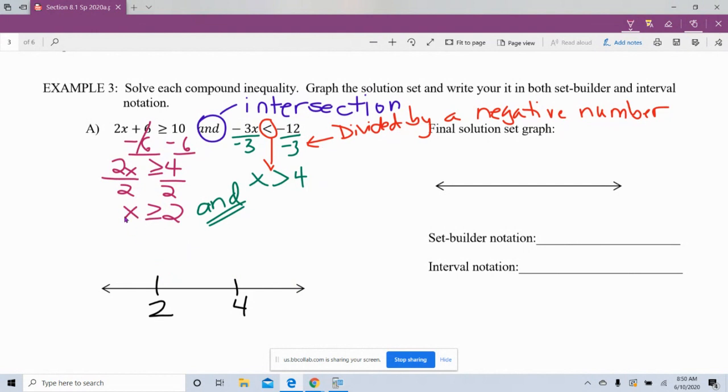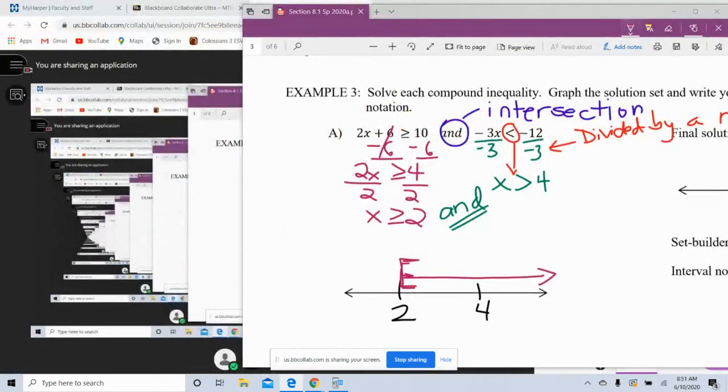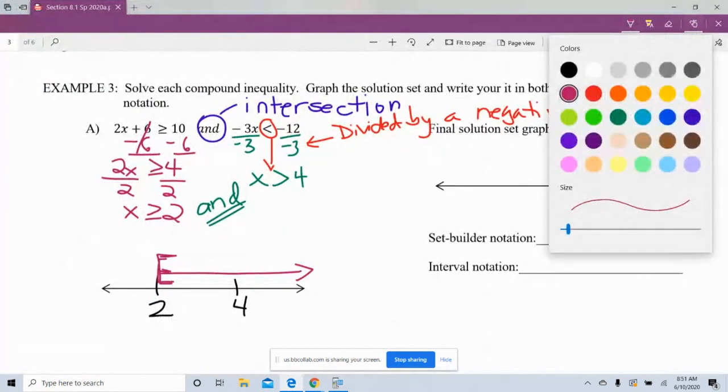But your x has to come first. Your variable has to come first. So this says that x has to be greater than or equal to 2. So I will be shading to the right of 2. And because of the or equal to, I want to include 2 in my solution set by using that square bracket. All right, I'm going to switch colors.